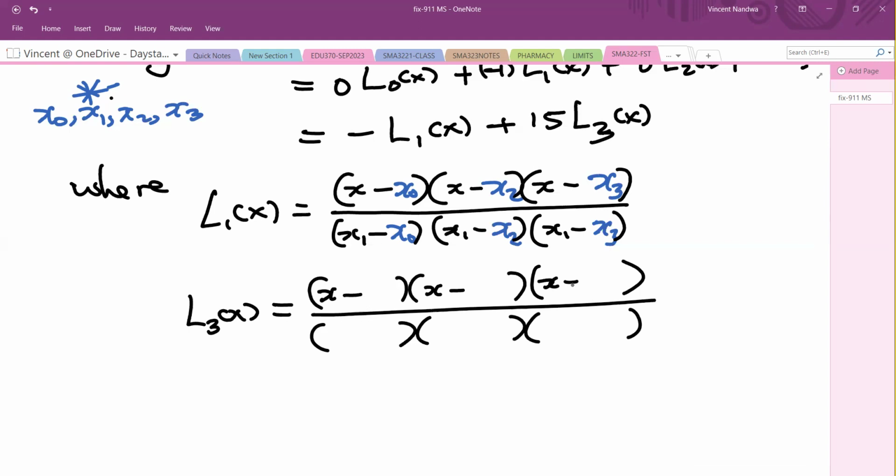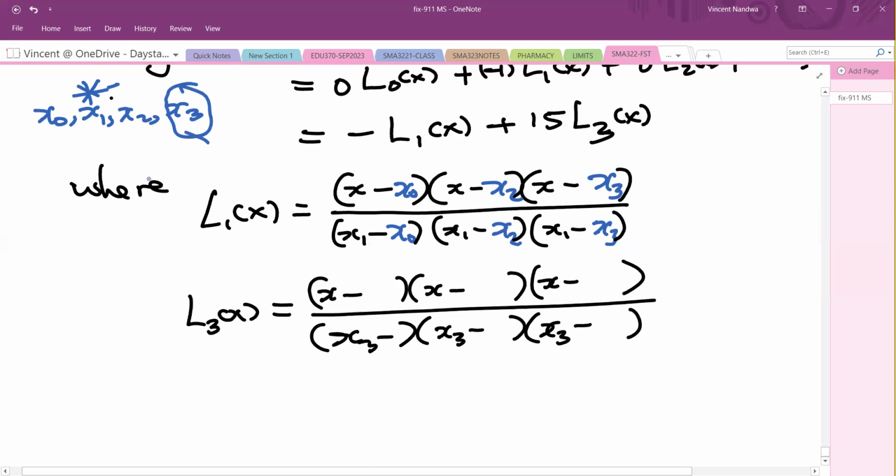And the denominator will start with x3, because there's a 3 here, so x3 minus, x3 minus, x3 minus. Since I'm having x3, I'll not be subtracting any x3 in those brackets. So my starting values will be x0, x1, then x2, correct. And when you put an x0 here, this must also be x0, this must be x1, this must be x2.